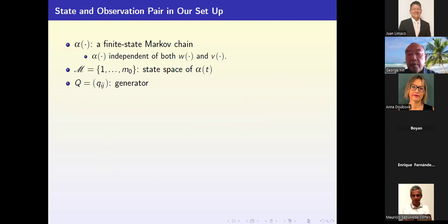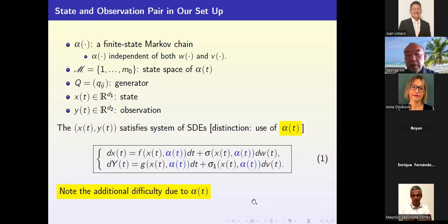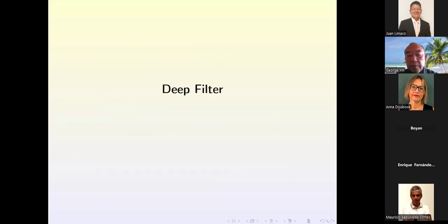We call this a hybrid diffusion because you also have a continuous state and a continuous observation, which are multidimensional. The pair of state and observation equations are given by x and y. This should be lowercase y; I changed the notation, but this one didn't change. The additional difficulties come about when you treat the switching.